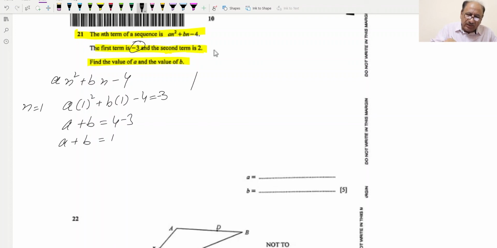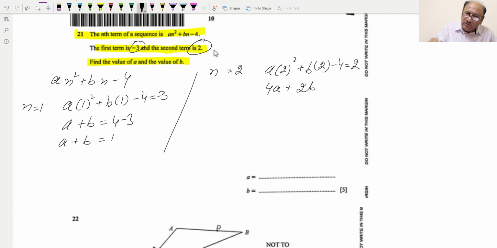When we replace n is equal to 2 for the second term, we can write a into 2 squared plus b into 2 minus 4, and they're saying that the second term is 2, so we can equate to 2. So this will be 4a plus 2b, and minus 4 we can shift to the other side, so it will be plus 4, is equal to 6.